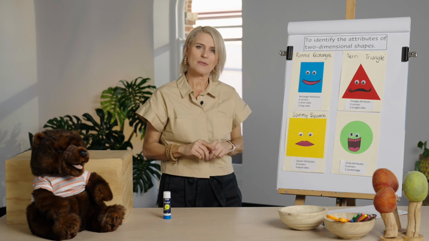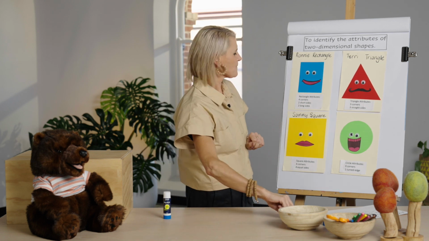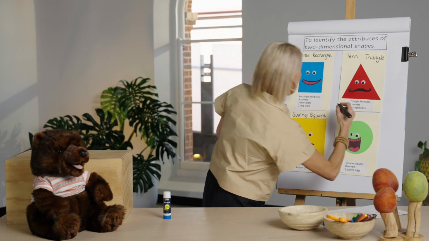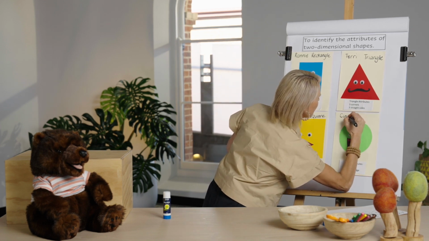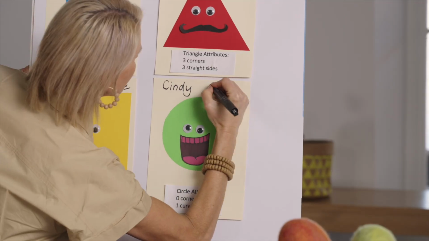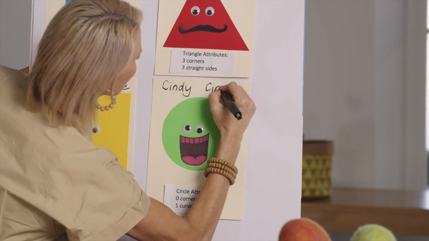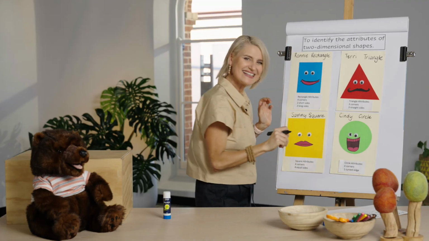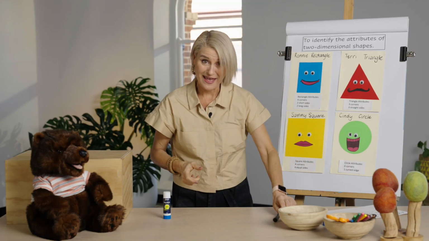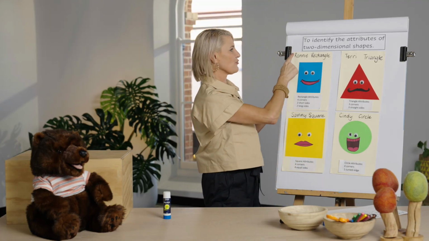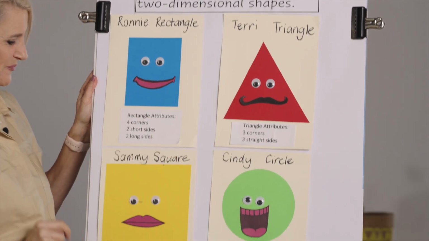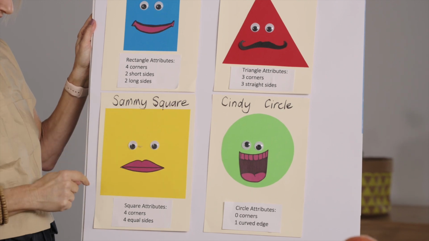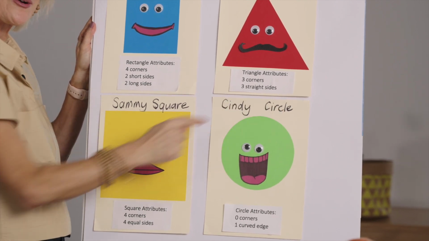Let's think of a name for our circle character. I know. What about Cindy? Cindy circle. So, Baby Bear, we created Ronnie rectangle, Terry triangle, Sammy square, and Cindy circle.